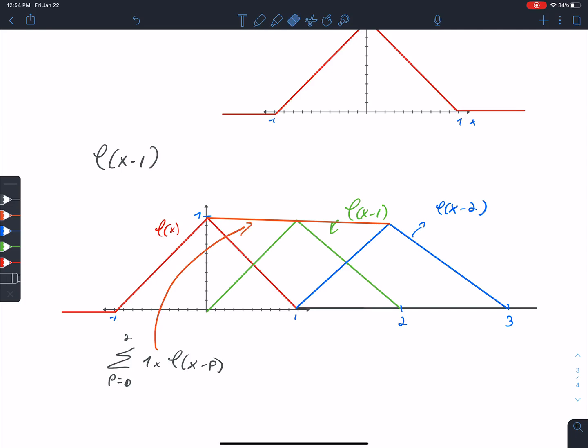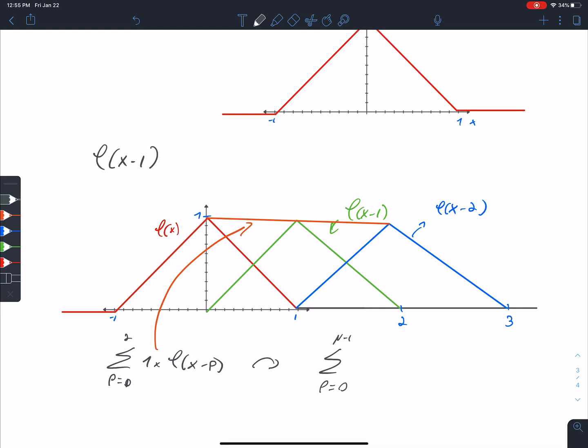And of course, it came out to be exactly that because I chose the coefficient here to be 1. Of course, I could have multiplied any of these by some other coefficient, in which case it would not have given me the constant function between 0 and 2, but something else. So the general way to write this function is, let's say, p equals 0 to n minus 1.